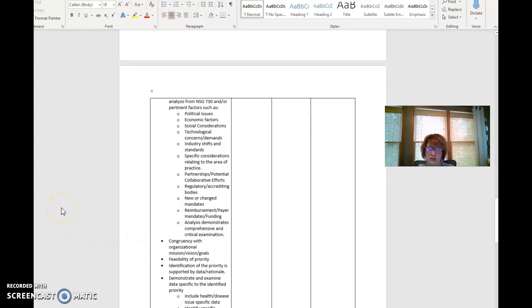What will really work? What's congruent with the mission, vision, and goals of the organization or the area of practice, and you're going to have to dive into the feasibility of the priority as well. So sometimes we have these wonderful ideas and these things that may really work, but they may or may not be feasible, and that's the key for population health improvement.